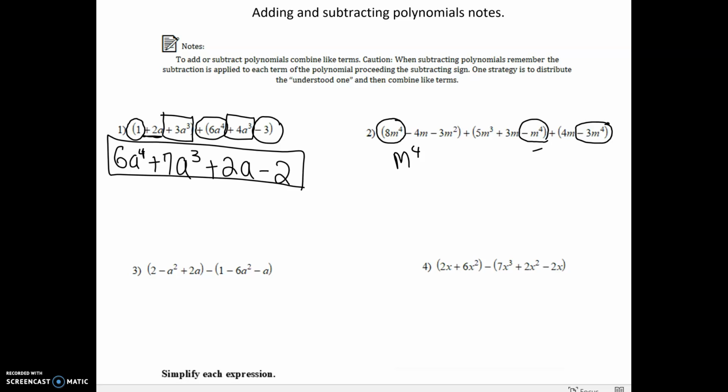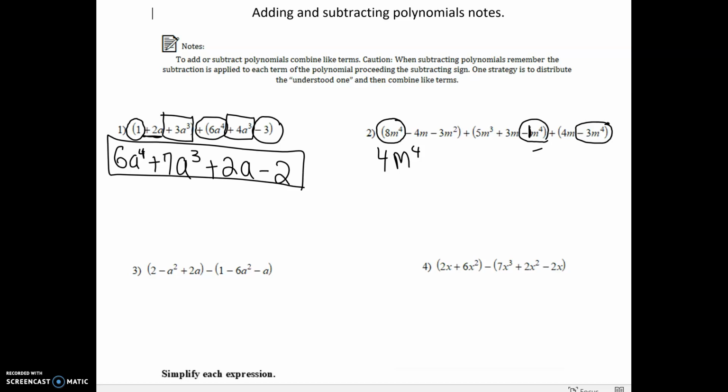Now you're just going to combine the coefficients. So basically we're taking an 8. There's no number there. Really, there's an invisible 1. So that's 8 minus 1, which is 7, minus 3, which is going to give us 4, right? So that's going to be my first coefficient.